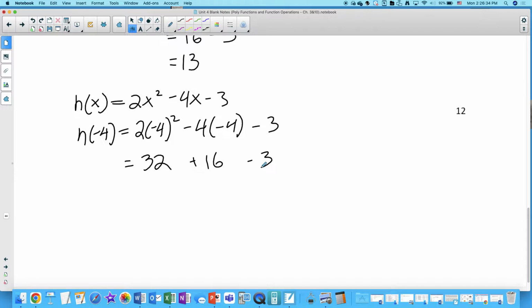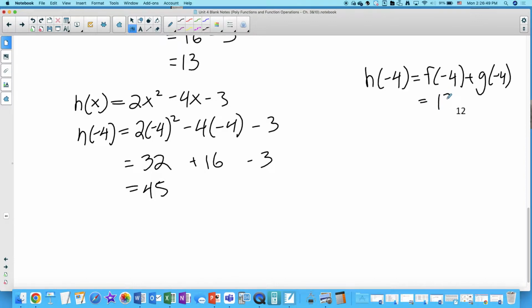Okay, so you can do it that way, or you can just think h of -4 should be f of -4 plus g of -4, and we just evaluated those. So f of -4 was 13, and g of -4 was 32. And when you add those together, you get 45.